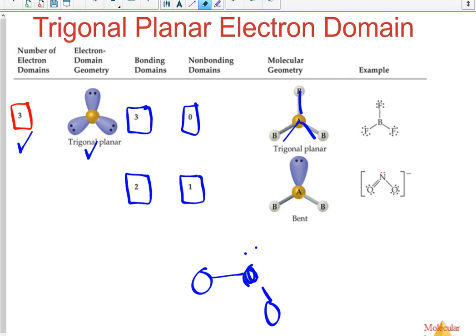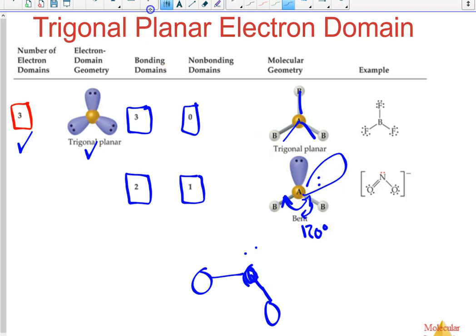Okay? Now, this bent and the other bent are slightly different. The difference is the angle here. The angle of this bent is 120 degrees. The other one is 109.5. The reason why is because the other one had another domain here and squeezed them closer.